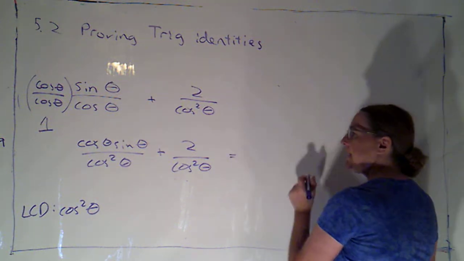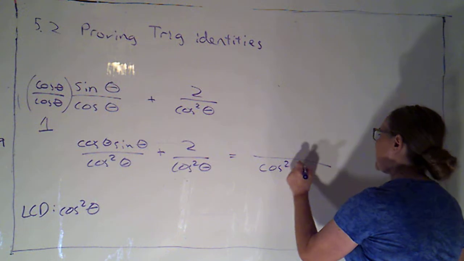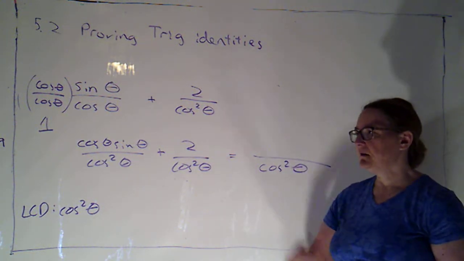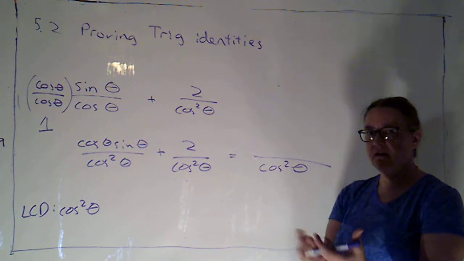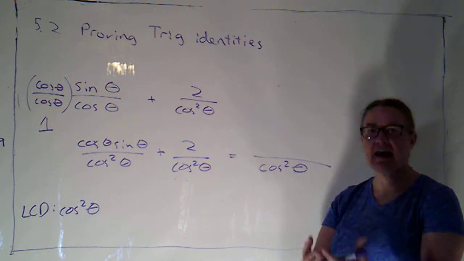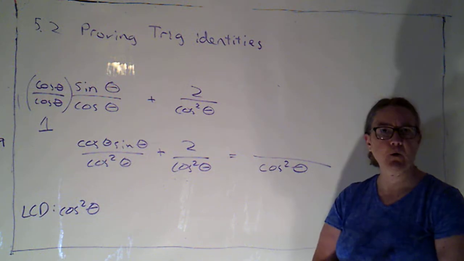And once the denominator is the same, you can add and the denominator does not change. If you think about it, if I was adding goats to goats, I would just get more goats. If I'm adding halves to halves, I'm going to get more halves. If I'm adding thirds to thirds, I'm going to get more thirds.